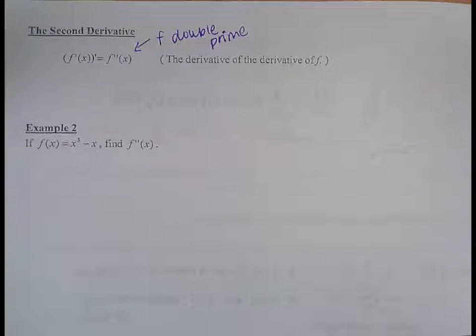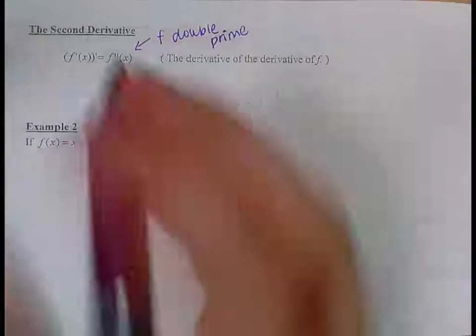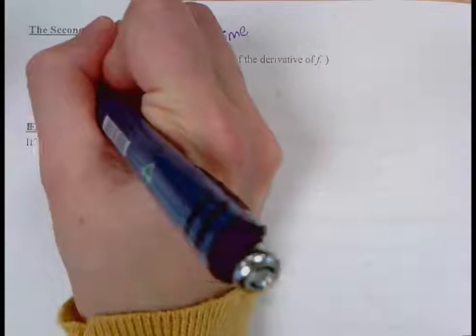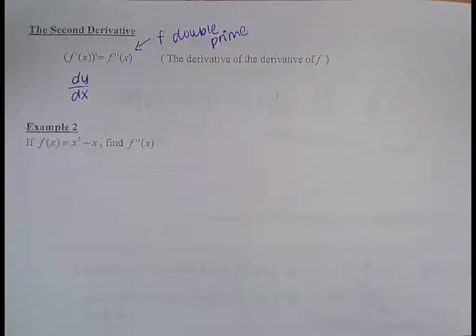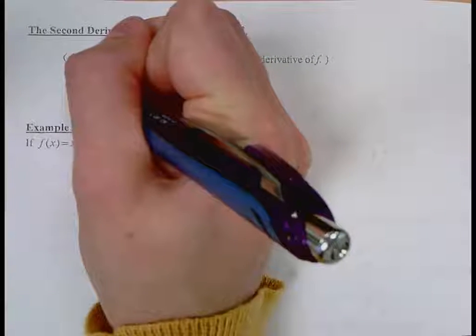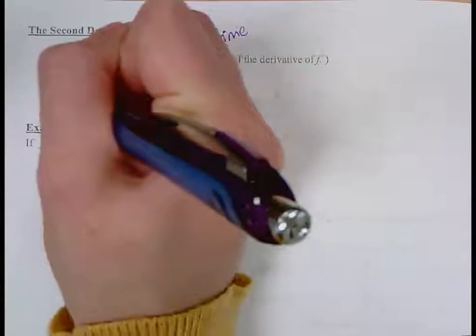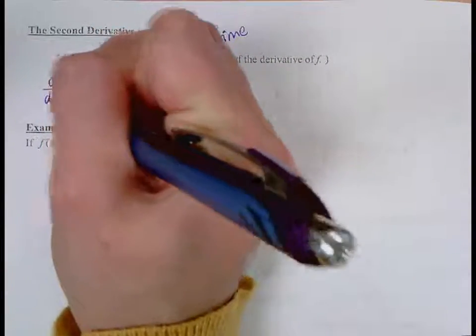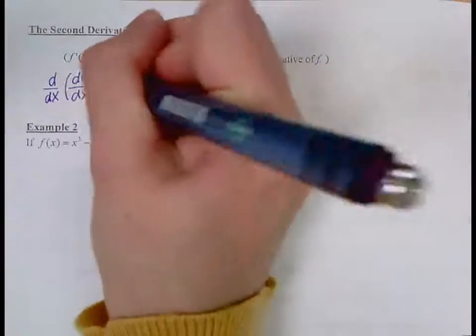The way you write this in Leibniz notation, it looks weird. I didn't make it up. So f prime, the first derivative, would be dy dx. And the second derivative would be taking the derivative of this, so d dx of dy dx, the derivative with respect to x of dy dx.